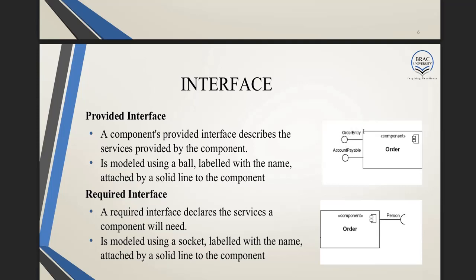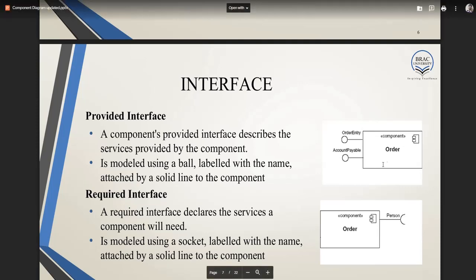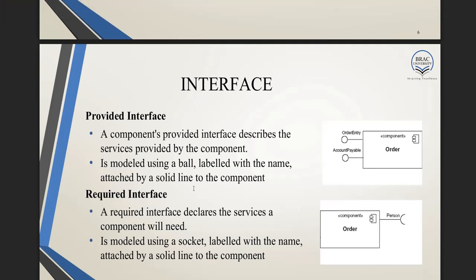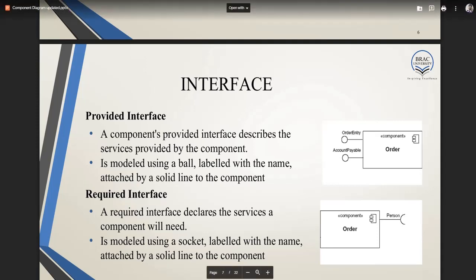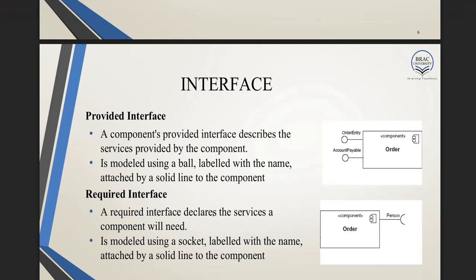On the top we define the type of interface or operations that this component provides. The other one is the required interface, where it declares a set of services or operations that a component will need. It is represented using a socket notation, labeled with a name on top, and also attached by a solid line to the component.